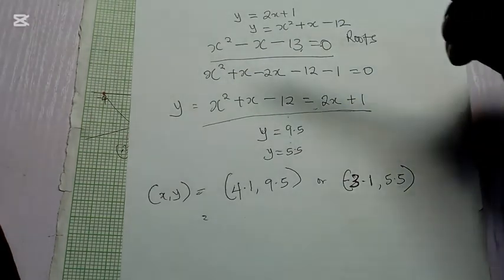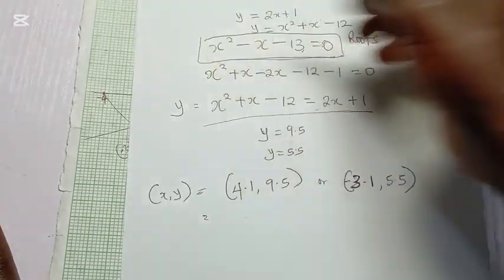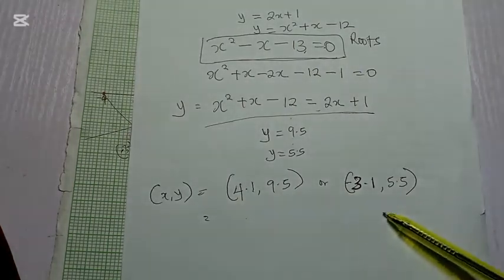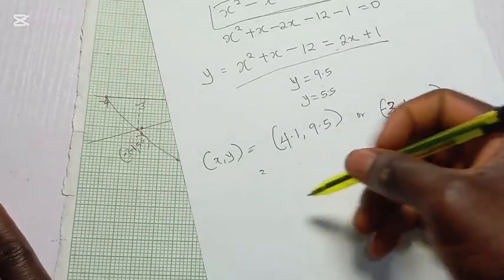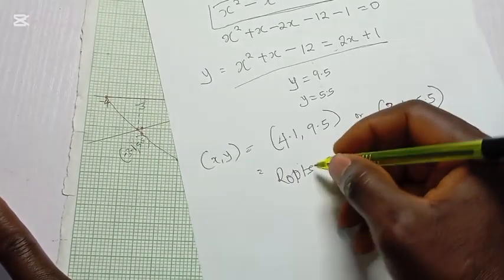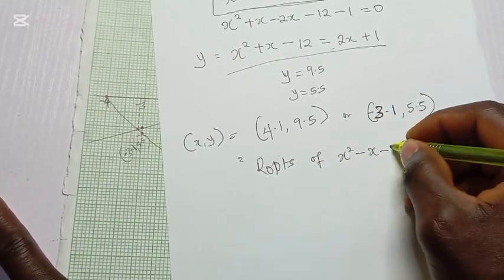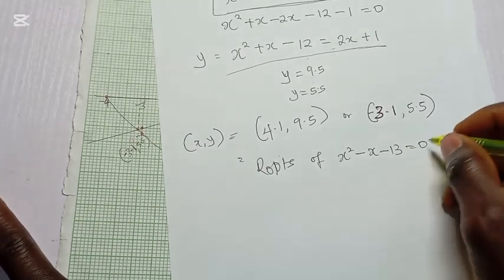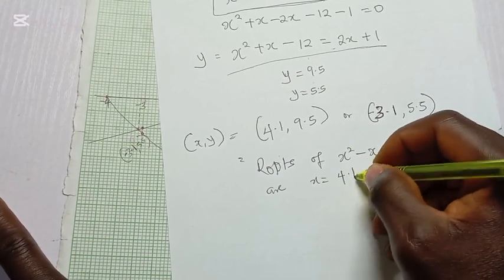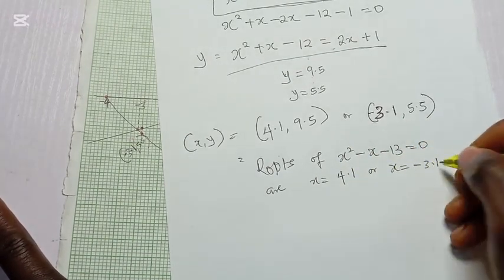So invariably, this is telling us that for this particular equation, the roots of this equation are going to be the corresponding values of x. That is to say, the roots of x squared minus x minus 13 equal to 0 are x equal to 4.1 or x equal to minus 3.1.